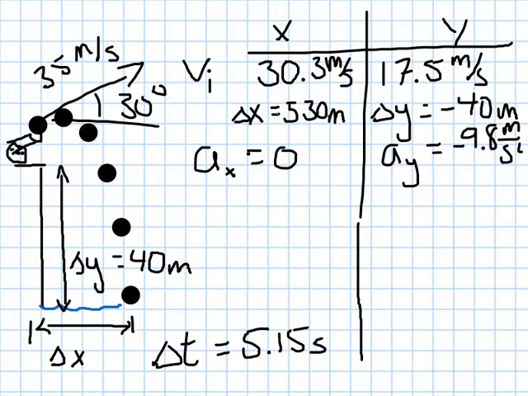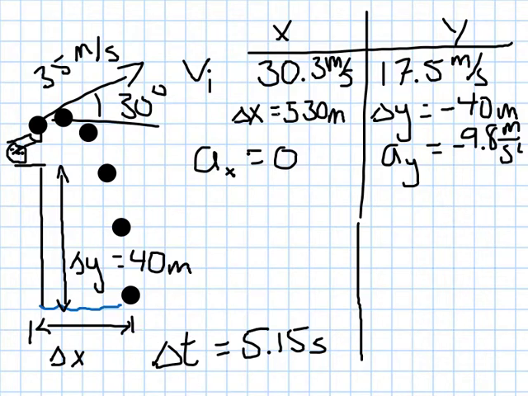The cannonball travels 40 meters down to the sea, so that's a vertical displacement, and it's negative. And then it travels outwards 530 meters. Clearly my drawing is not to scale here.